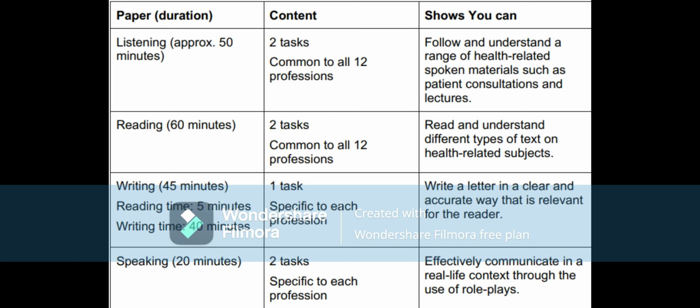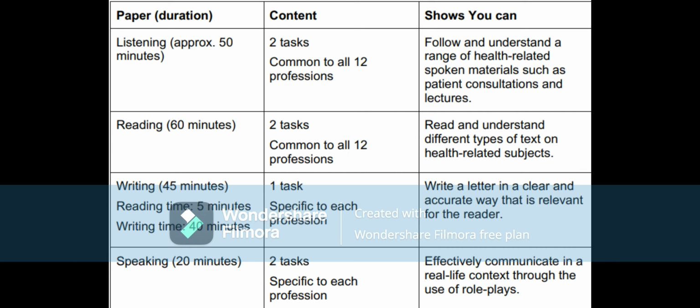Listening will be common to all professions. There won't be any difference. But in the writing, it completely depends on each profession. If you are a nurse, your questions will come from nursing, like if you are a home healthcare nurse or a community health nurse. If you are a doctor, it will come by your name.